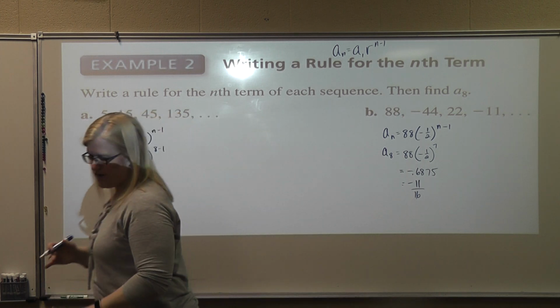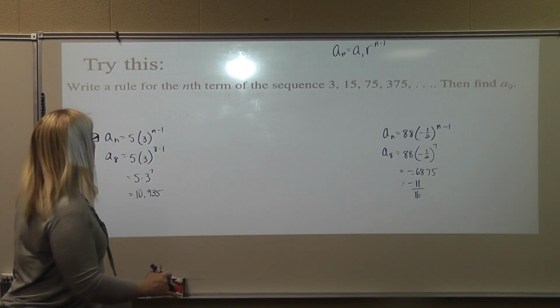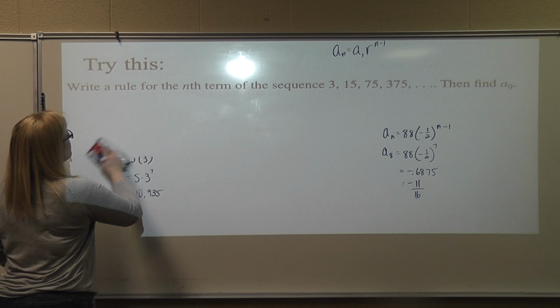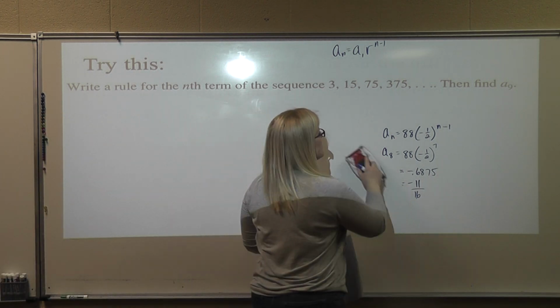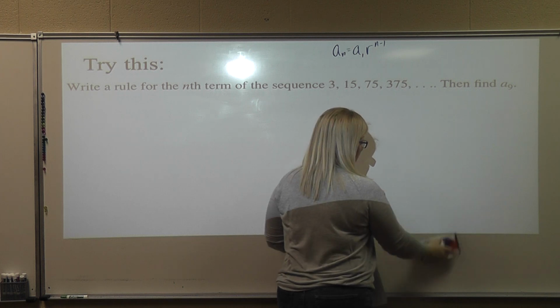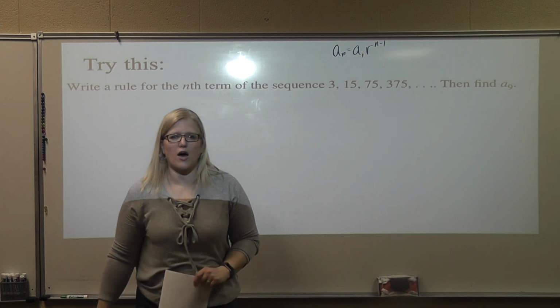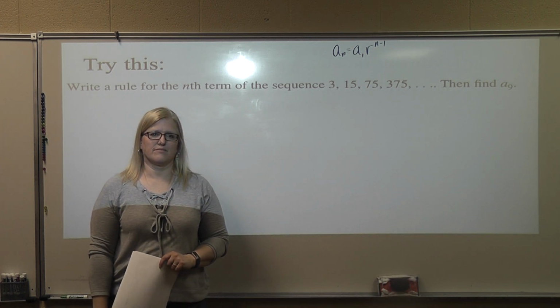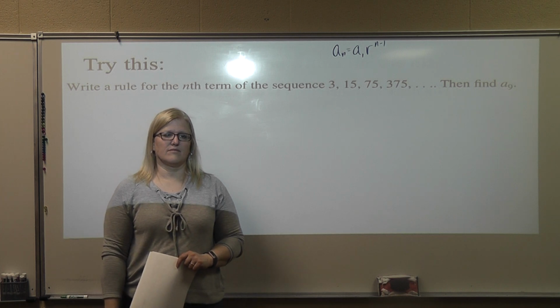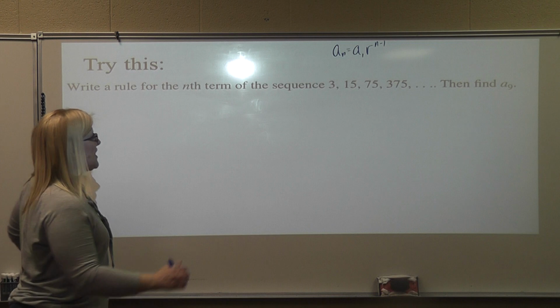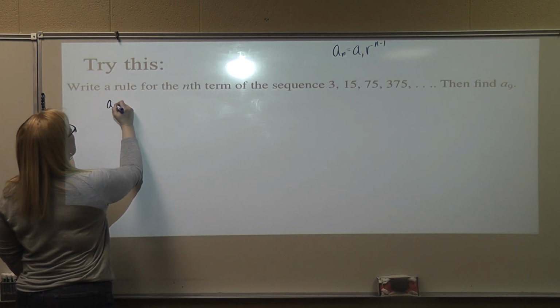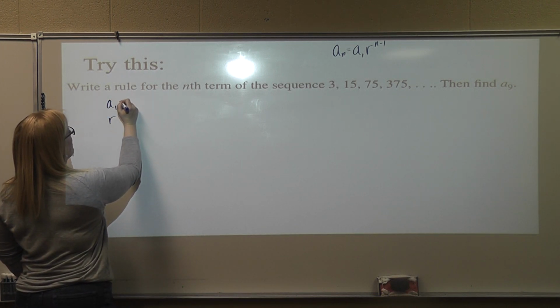Okay, now I want you to try this one. So write a rule for the nth term for this series, and then find a sub n. So go ahead and pause now. Okay, so again, we need a sub 1, and we need r.